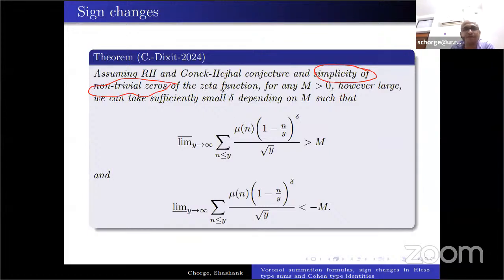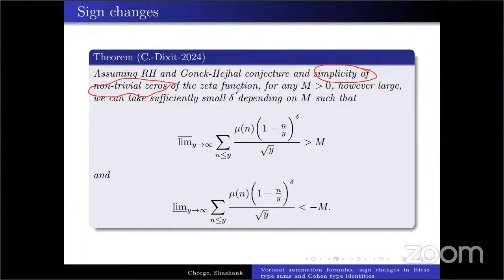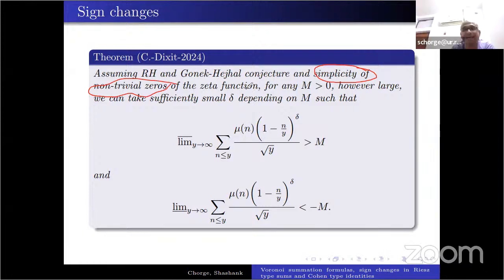And there is one more conjecture, the linear independence conjecture, which I did not mention here, but we need that. The linear independence conjecture says that suppose gamma 1, gamma 2, and so on are the imaginary parts of non-trivial zeros.